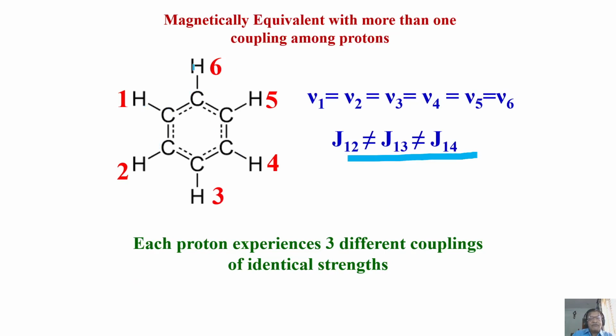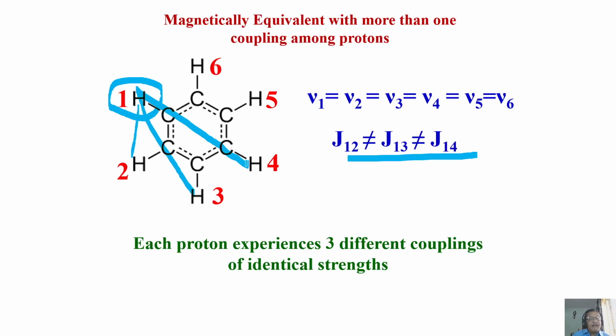Any proton you take, this is ortho coupling, meta coupling and para coupling. Each proton experiences 3 types of coupling: ortho, meta and para. There are 6 protons, and each proton has 3 different couplings.